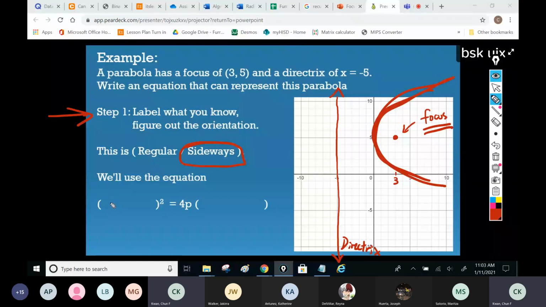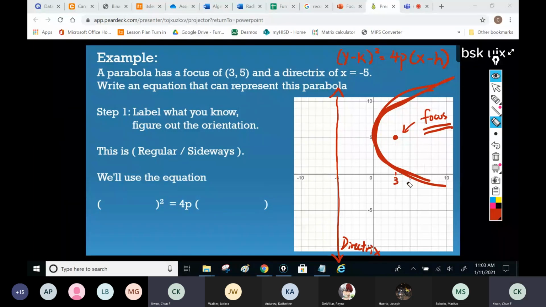So we are going to use the one that is y minus k, squared, equals 4p times x minus h. I'm going to write it up here on the top. We're going to need it later on.